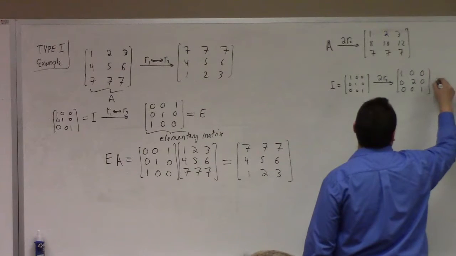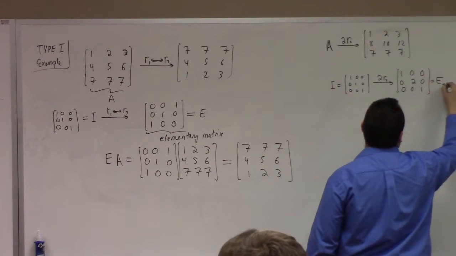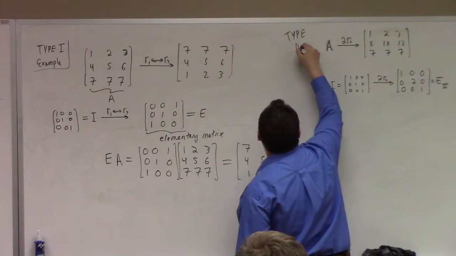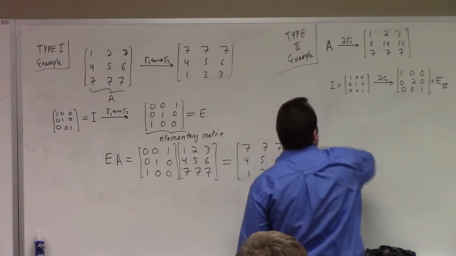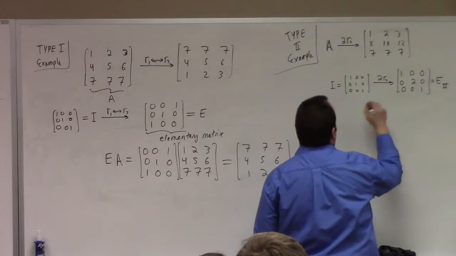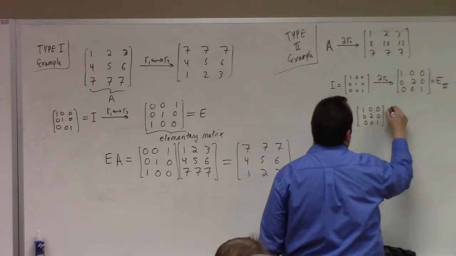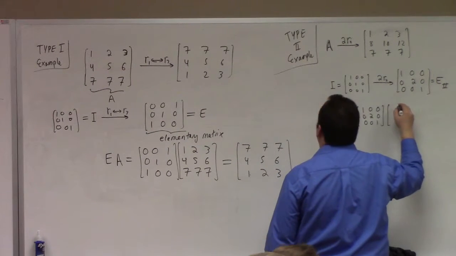All right, let me call this thing E2. This is a type 2 example we're doing right now. So what happens if we look at 1, 0, 0, 0, 2, 0, 0, 0, 1 times our matrix? 1, 2, 3, 4, 5, 6, 7, 7, 7, 7.